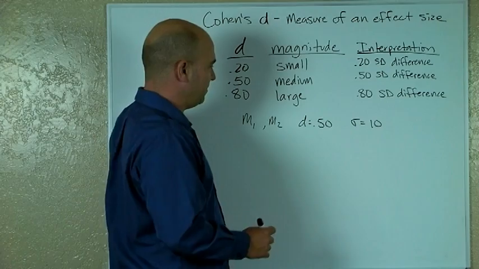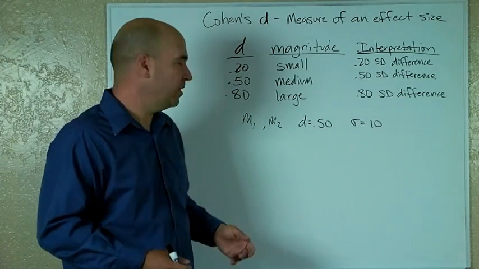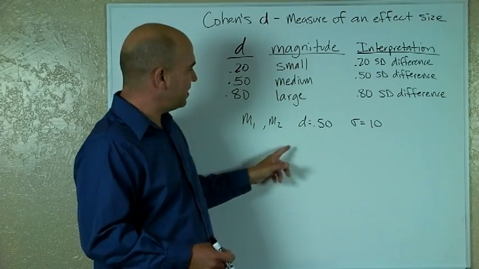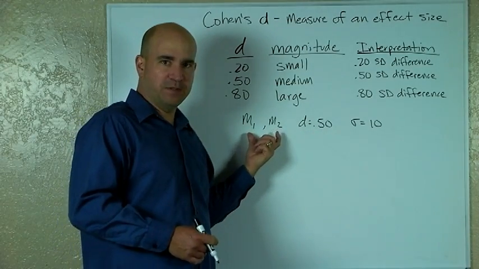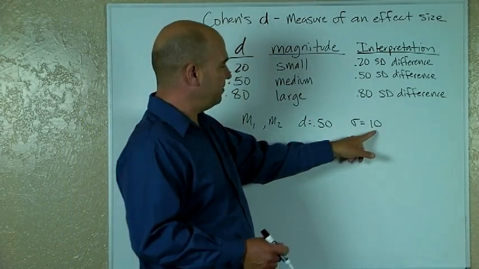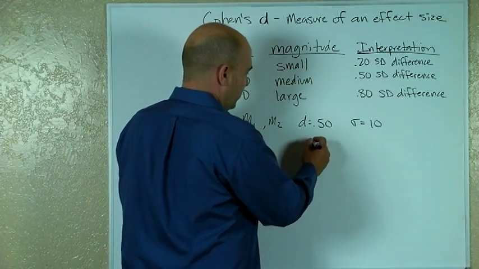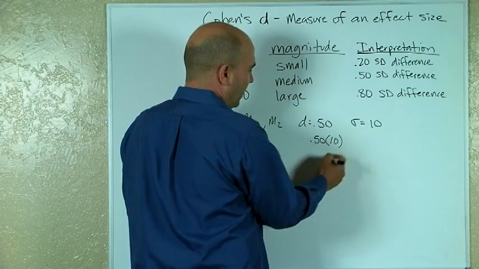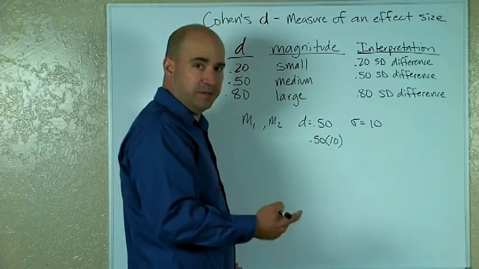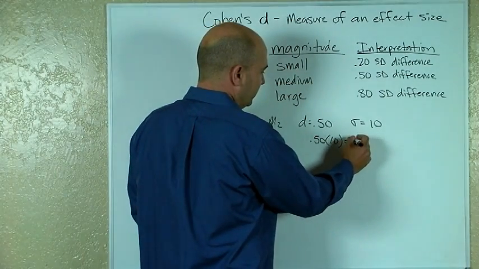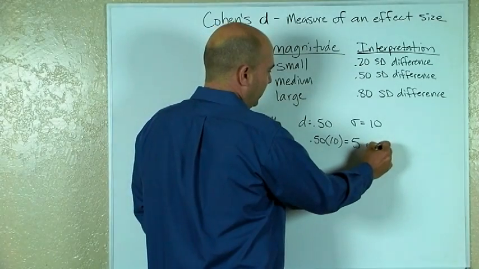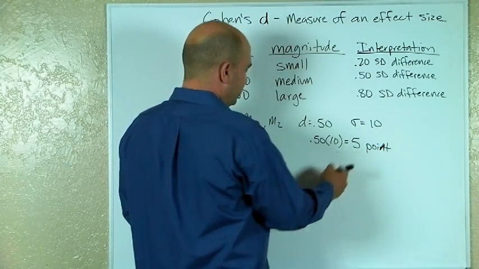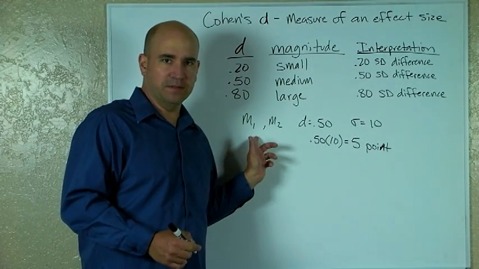And if we have a d of 0.5, we could basically say here, to give you a sense of what this means, is that there's 1/2 of the standard deviation difference between these two means. And if the average standard deviation is 10, then what that's saying is that it's 1/2 of a standard deviation, or 10 points, between the two means, or that would mean that there's a 5-point difference between these two means.